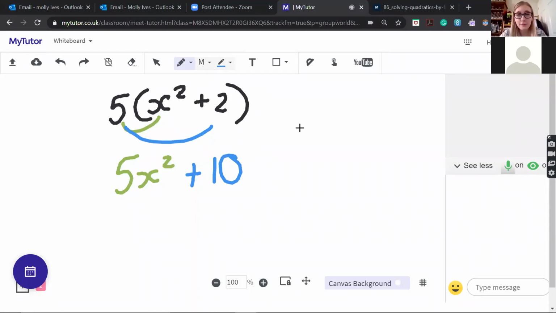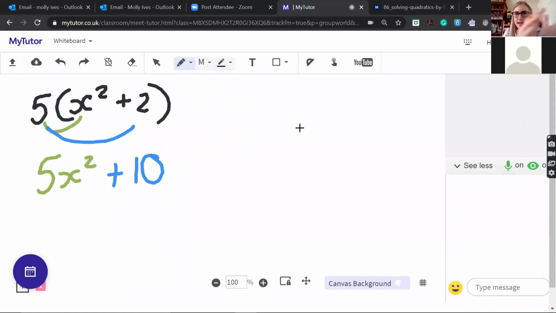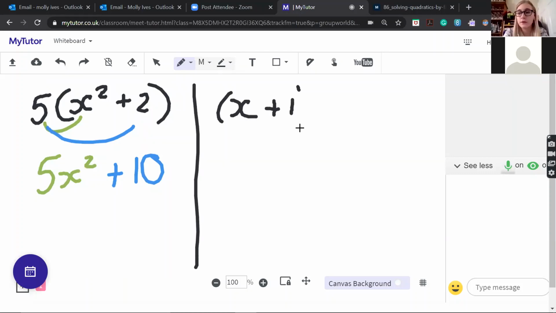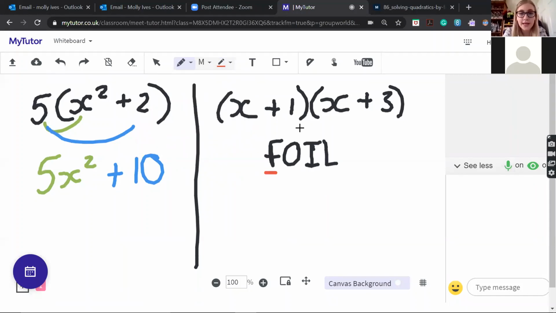Now this gets a little bit harder when we've got an x plus something in both of the brackets. For example, x plus 1, x plus 3. And what we have to do here, you might have heard of it before, is called the FOIL method. So the reason that it's this is because this is first, so we take the first 2 and multiply those together, x squared.